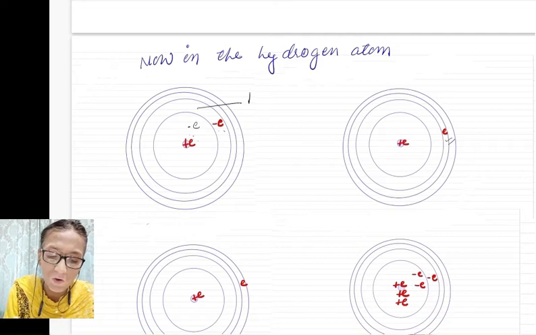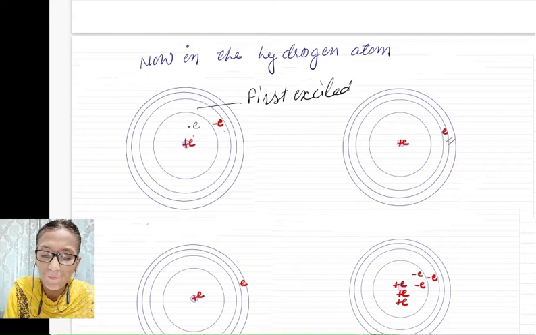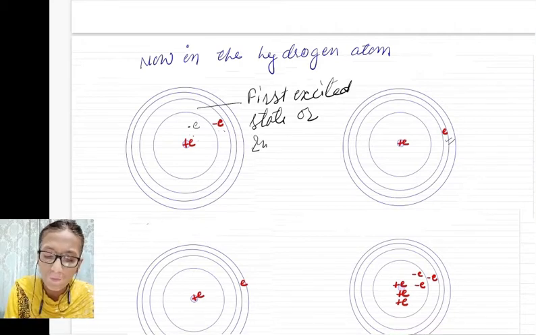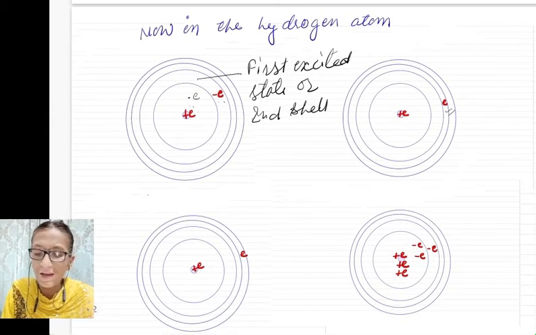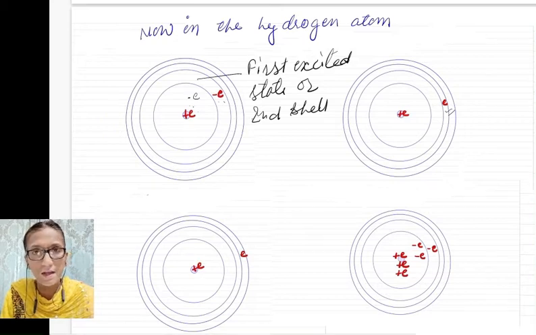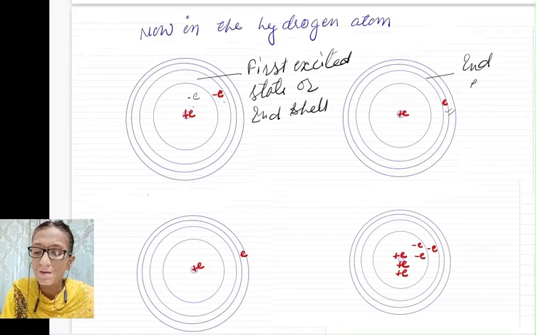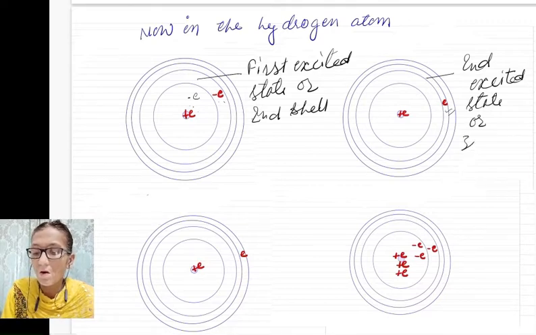This is your first excited state. Similarly, when the electron goes to the third cell, then it is the second excited state, or third cell.